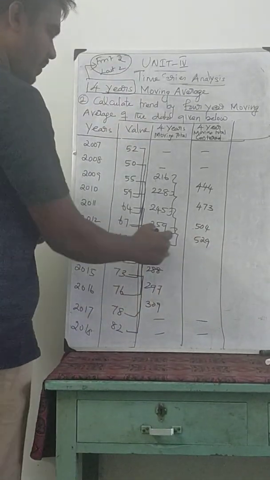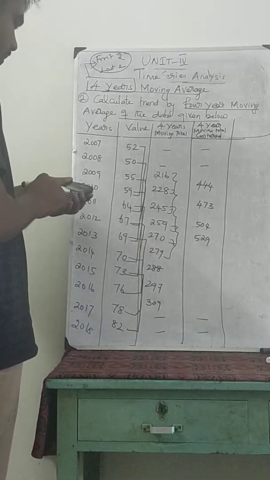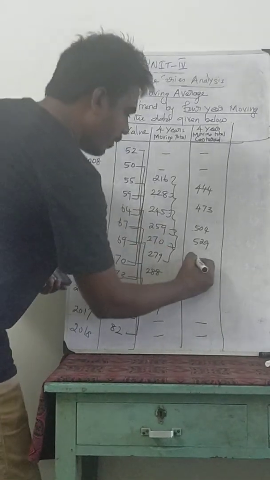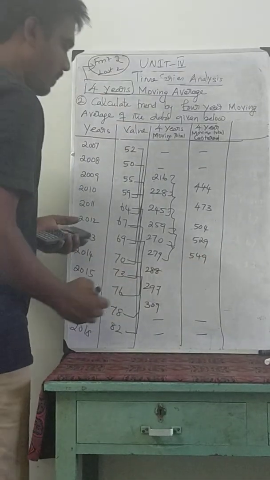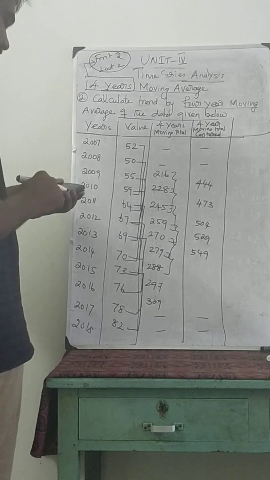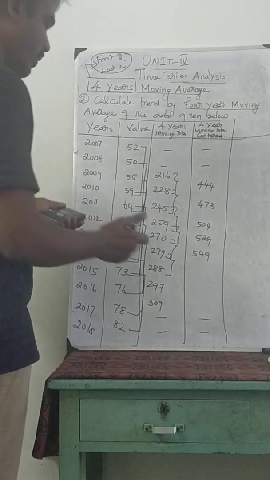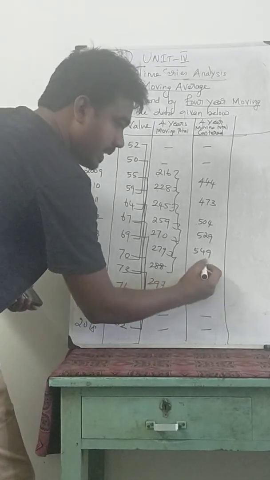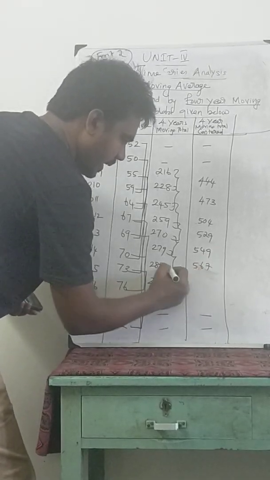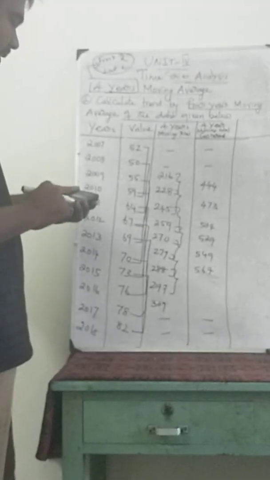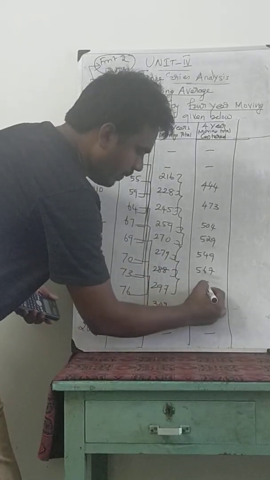529. Next, this one. 270 plus 279, 549. Okay. The next one is 279 plus 288, 567. Then 288 plus 297, 585.